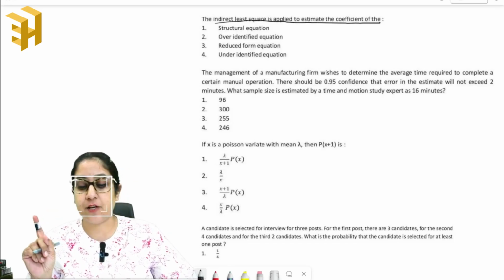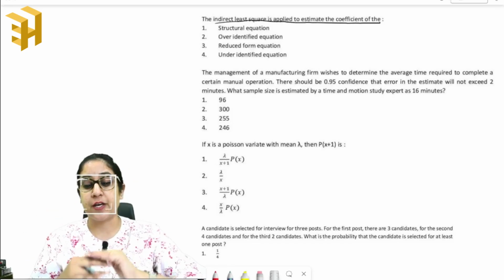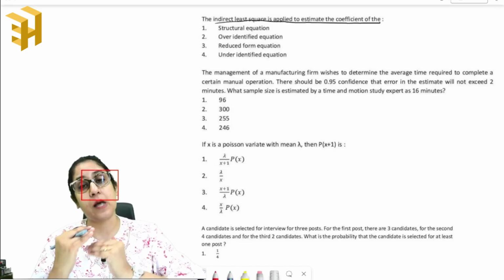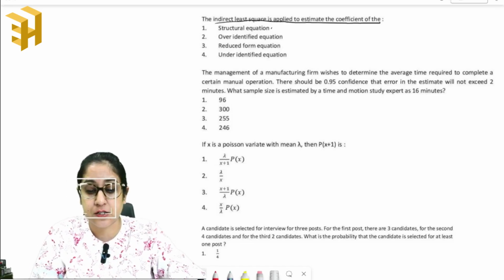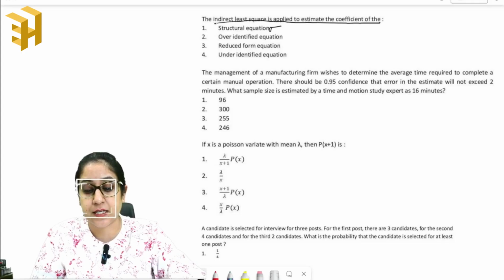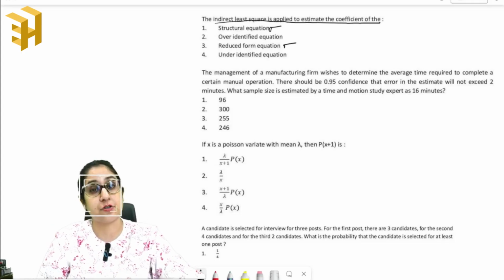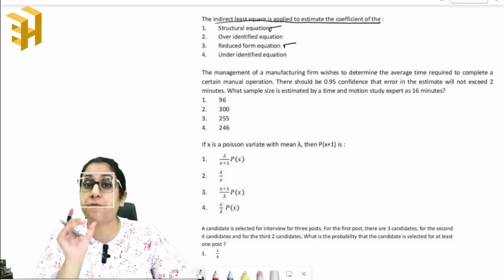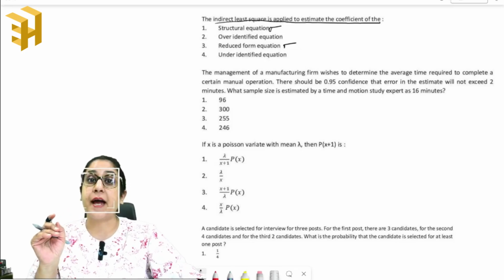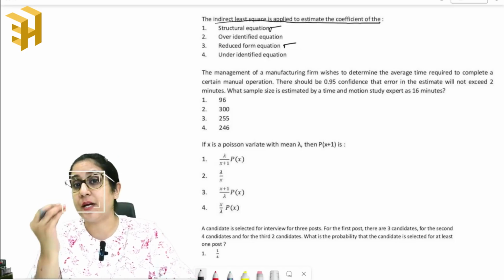Firstly, you need to understand that there are two options that are somewhat related. First is the structural equation and the second is your reduced form equation. You need to know the difference between these two, so make a note of it.